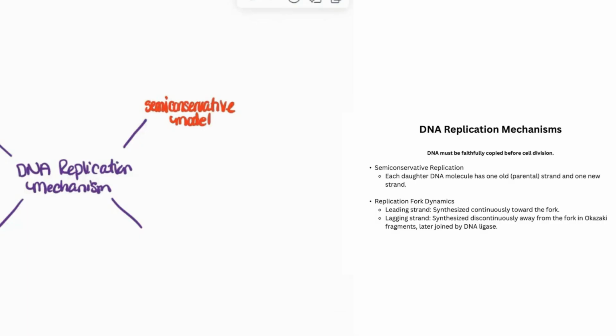From there, we have the daughter DNA molecule, which has one parental strand and one new strand.